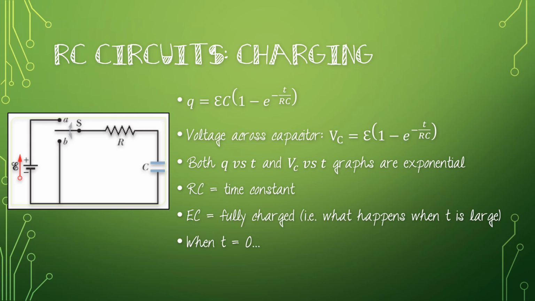So these two end behaviors are really common questions on the AP exam. You may see a question that says, immediately after switch S is moved to A, what is the current in the circuit?